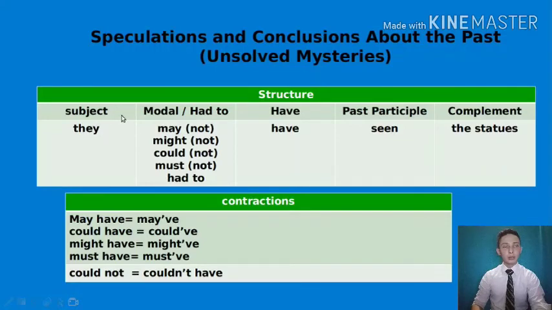We use a subject plus a modal, or had to, plus have plus the verb in past participle plus a complement. For example, we can say they may have seen the statues, or they could have seen the statues. We have the contractions here. We can use them to make it shorter.